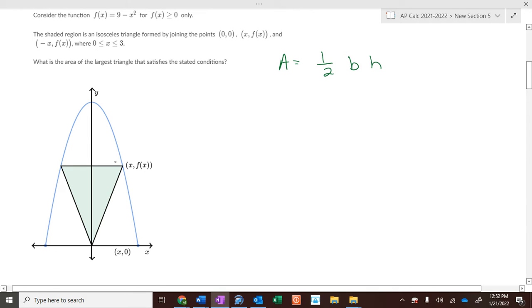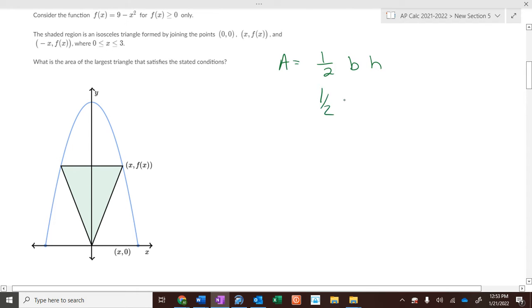On this triangle, what's the length of the base? From here to here, what's the length of the base? It's not a number. Not just x, because x goes from here to here. 2x.